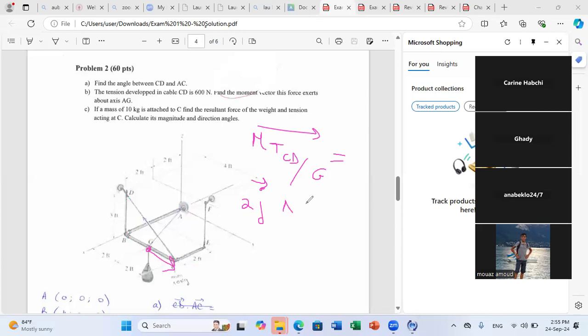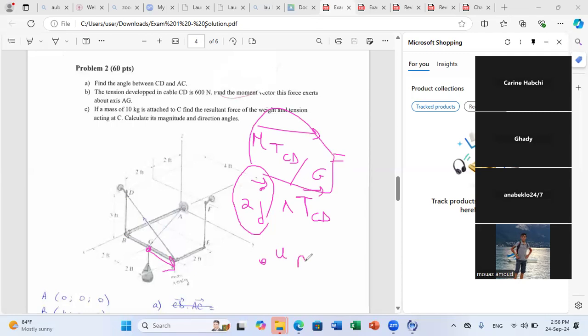Okay, you can do the matrix here, but because there is only one component, they said there's no need to do the matrix. Let me do the expansion. So I expand first 2j vectorial TCD. I get the moment vector. Once I get the moment vector, to project on axis AG, I do dot uAG, and then I will get a component.